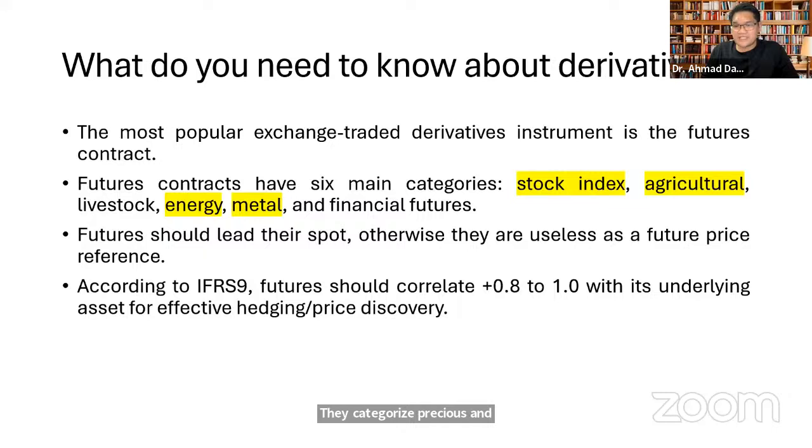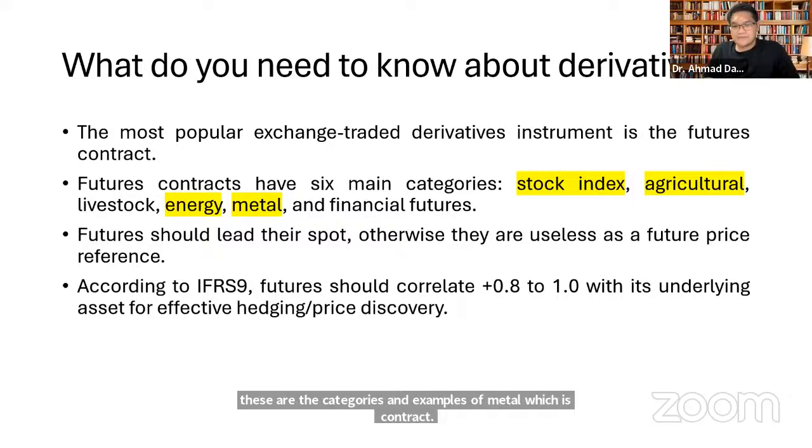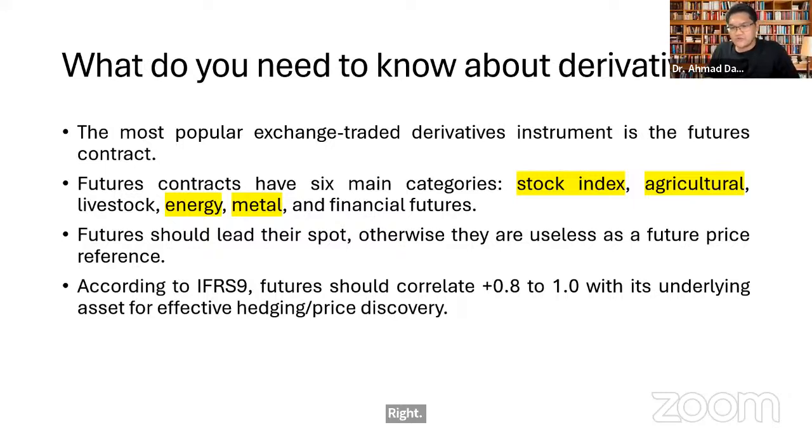But for me, platinum is precious. Also aluminum, and palladium, the one that Tony Stark always put in the chest. So these are the categories and examples of metal futures contracts. Right. Last time means like two to three years ago.